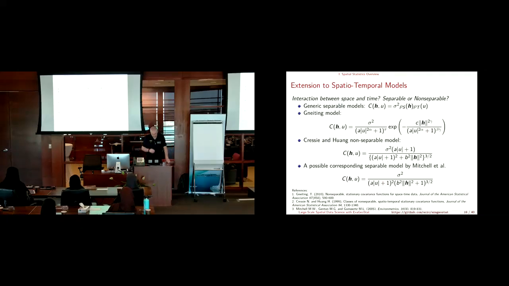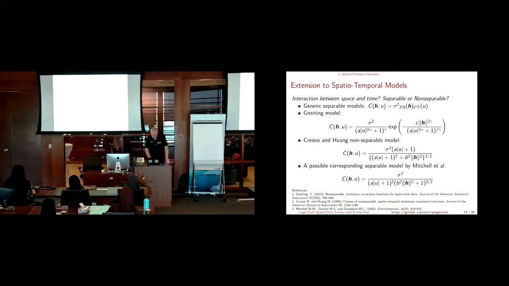So people have looked at more complex and challenging models that would allow space and time to interact. For example, in this model, you see that the time lag u appears here and here, and the space lag h appears here. So you cannot really separate space and time as a product, so there is interaction.